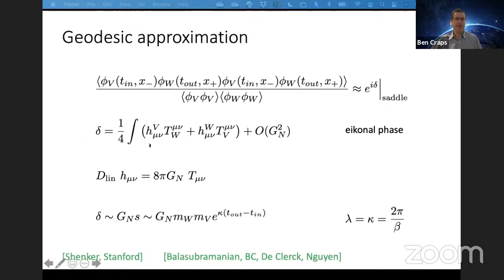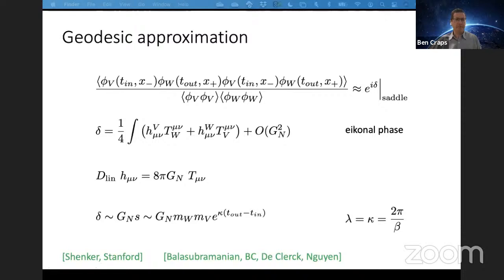This eikonal phase is determined by the interaction between, on the one hand, a shock wave created by the geodesic of one of the infalling particles, with the stress tensor of the other geodesic, and vice versa. Here is the linearized Einstein equation you have to solve to determine the shock wave.